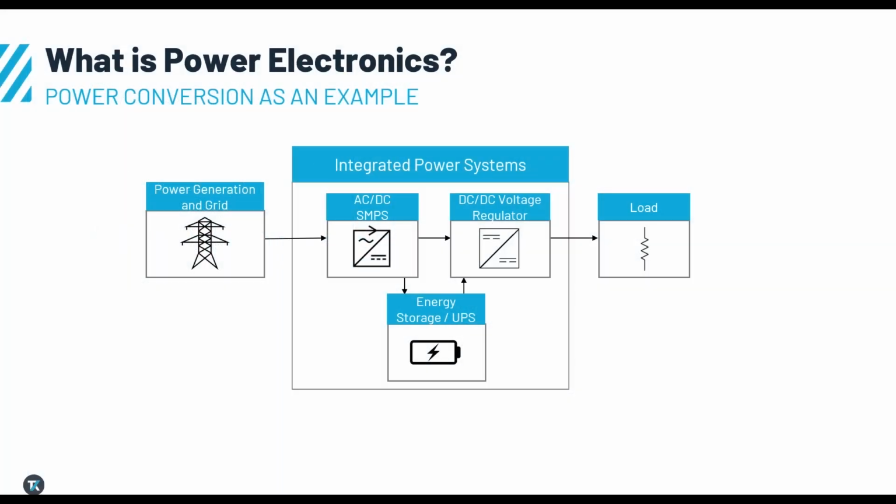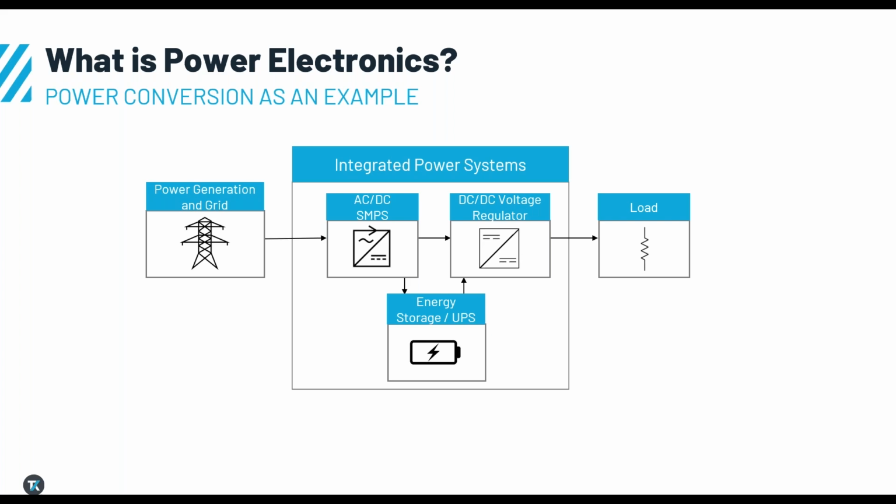Now, power electronics, pretty general topic. To generalize it, this diagram is showing that we have an input to a system. We need a source of power. Then we have a power converter stage, and then we have an output, really general. The power converter stage is in this middle box here, the integrated power systems.